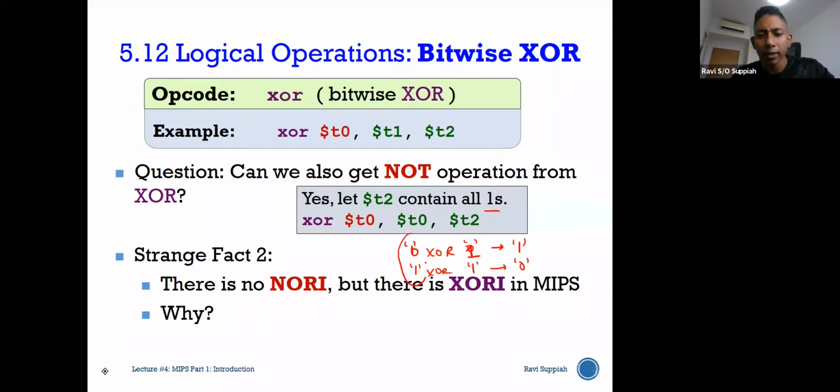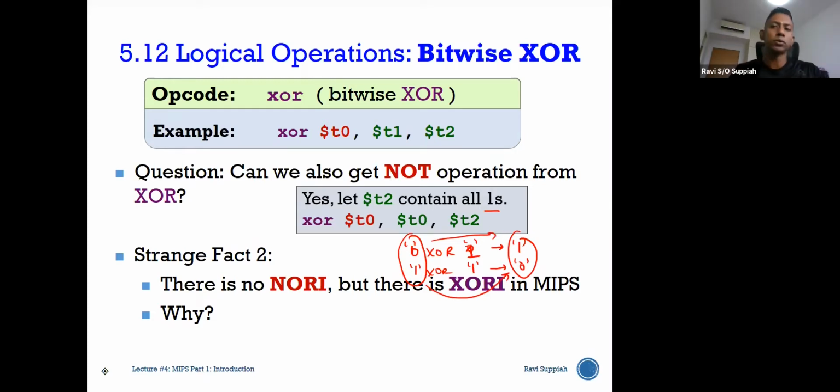So again, if you look at this and this, you see that it has flipped. So the idea is when I do exclusive OR with a 1, it is again a NOT operation. That means I'm flipping all the bits.